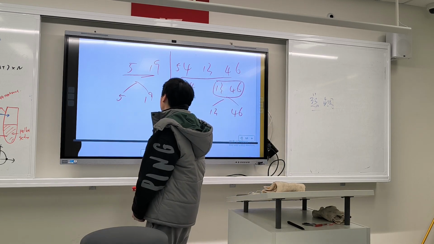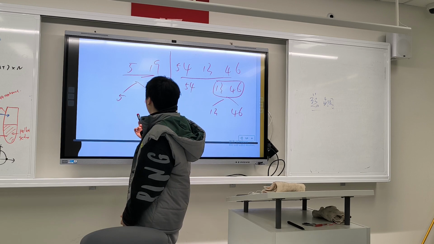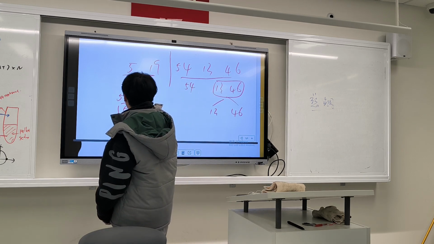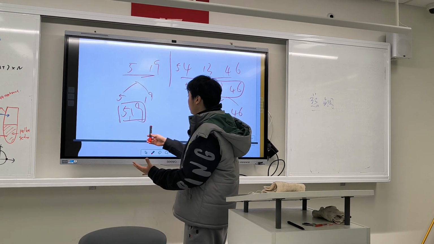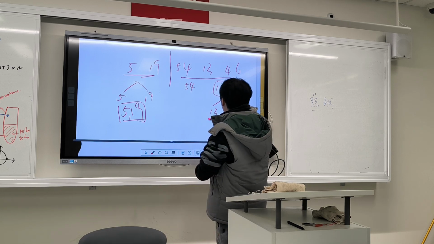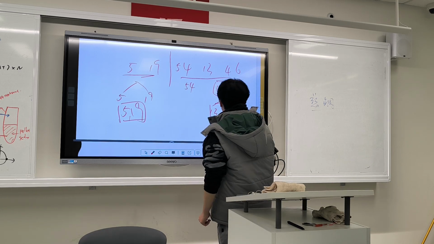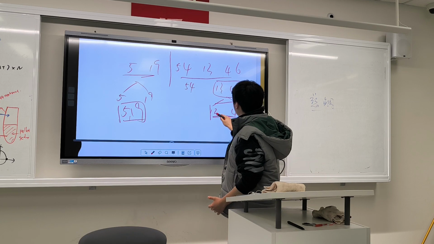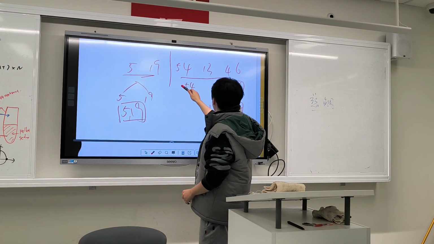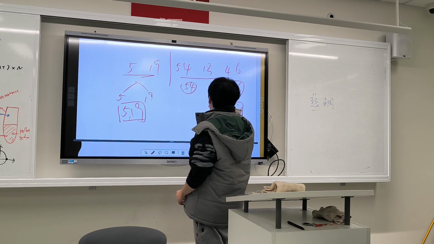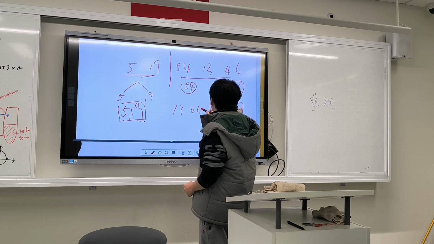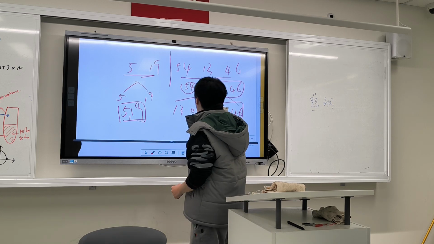For this subarray, we'll have 5 and 19. It is already sorted. And then for this subarray, we'll also do the merging process, and it will be 13 and 46. And then we'll merge this subarray with this subarray, so it will be 13, 46, and 54 here.